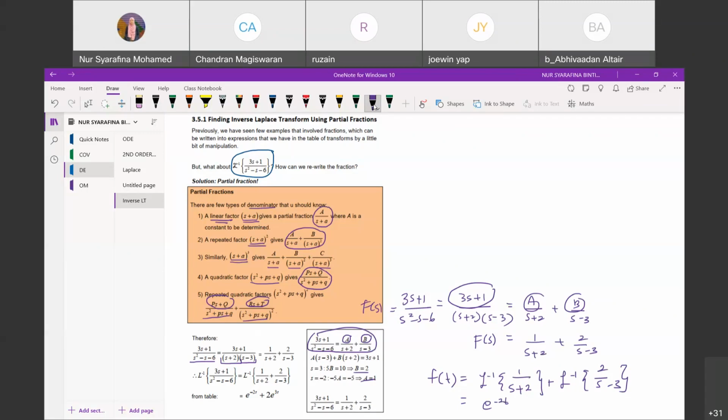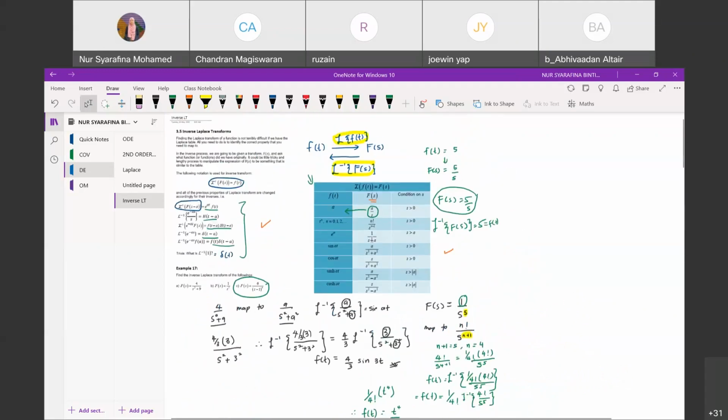This one just put 2 outside plus 2 exponent 3t. Because Fs equals to 1 over s minus a for ft equals to exponent at. Just map to the table of transformation here. Exponent at is 1 over s minus a.